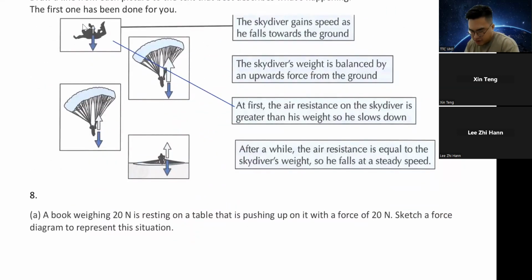Okay, after a while, the air resistance is equal to the skydiver's weight. So he falls at a steady speed. So the skydiver's weight is balanced by the upthrust force. Okay, this is what we learn.